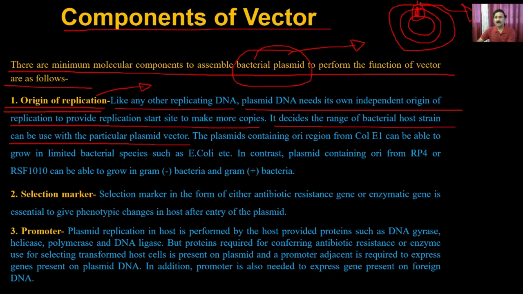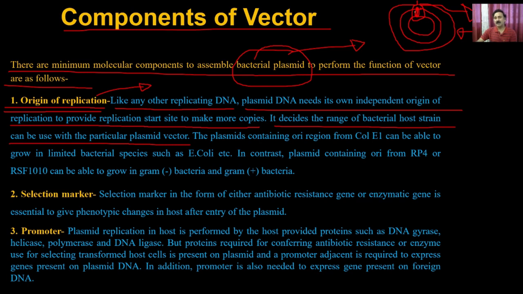So depending on the type of the origin of replication, you can choose the host. For example, if it is a bacterial origin of replication, you cannot use yeast or mammalian cells to replicate this DNA, because the host provides the machinery to recognize this origin of replication.